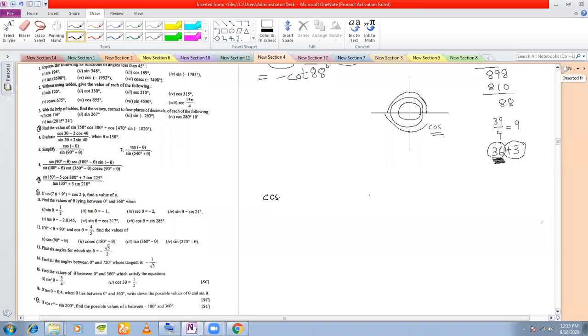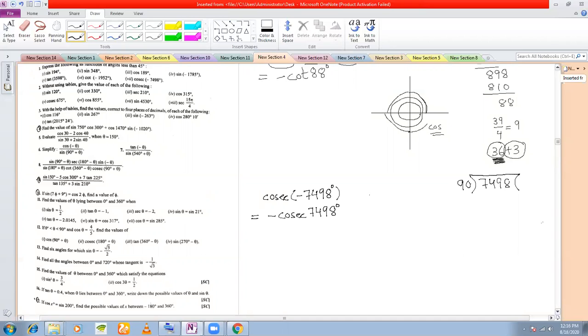Cosec of minus 7498. Now you know that cosec of a negative angle is negative. So this becomes minus cosec 7498 degrees. Now we will divide this by 90 degrees.